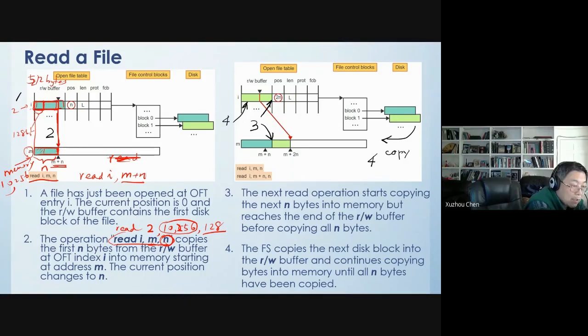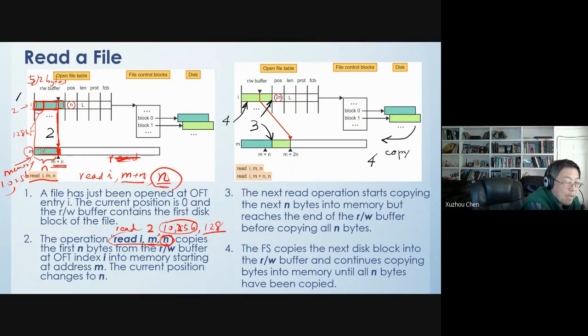Yeah, m plus n. That's the next available starting memory location. And then typically the read command is always going to read the same size n. Now, that's the problem, because I personally like to have n be the same size as the block size, so every read reads just one block. That would be easy, but it's not always the case.